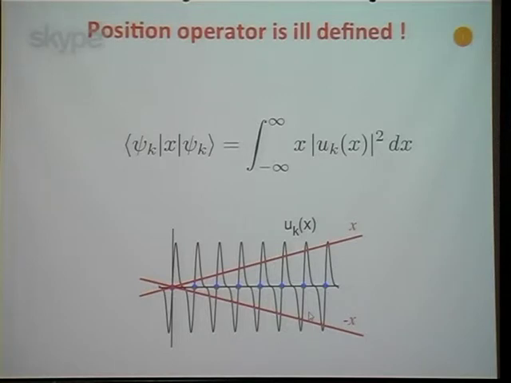What is interesting is that expectation values of the position operator between localized orbitals, provided the omega 0 is localized, of course, are going to be well-defined quantities.